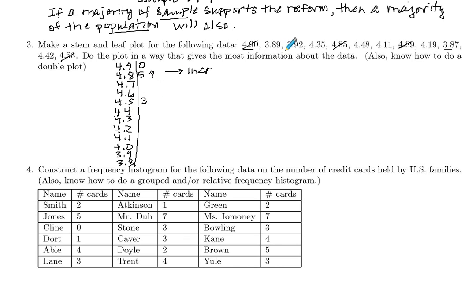4.4s. I've got a 4.48 there and a 4.42 there. So a 2 and an 8. Cross those off. 4.3s, I see 4.35 right there.